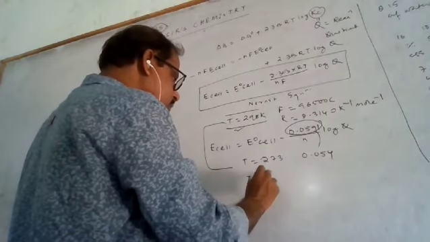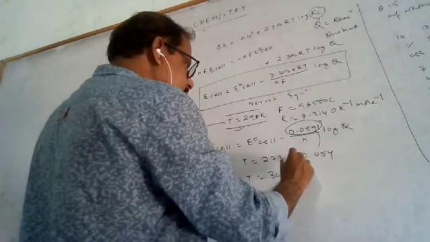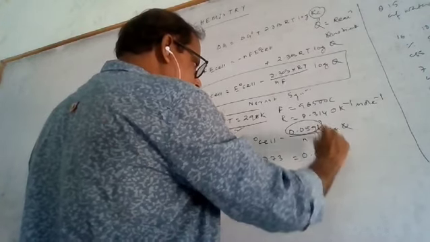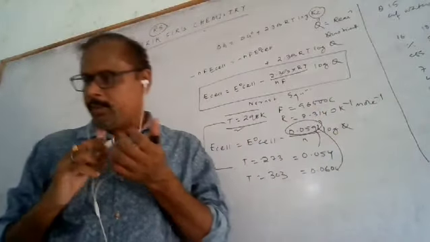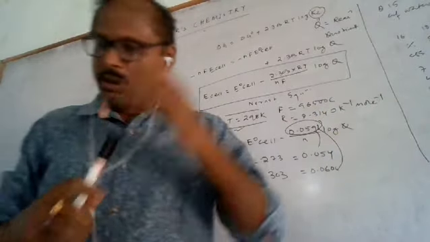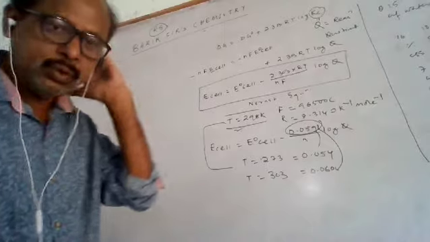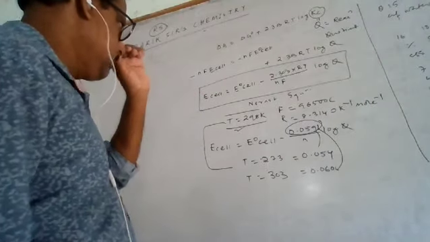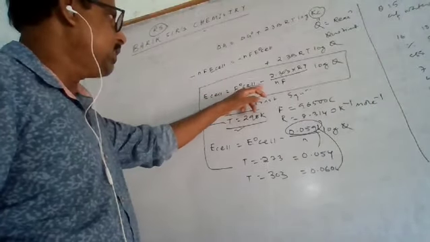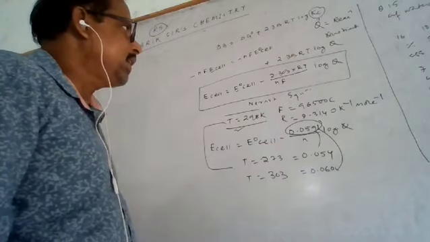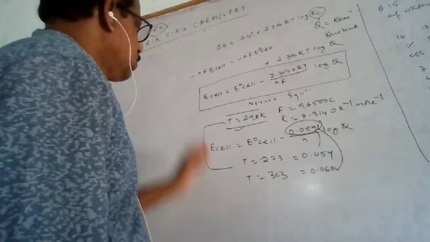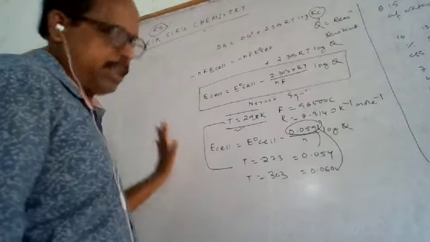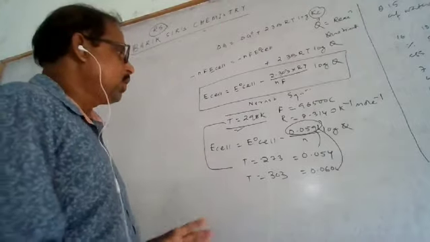If T is equal to 303, then this value is equal to 0.060. So you try to understand: E cell is equal to E naught cell minus 2.303 RT by nF log Q. This is the Nernst equation.